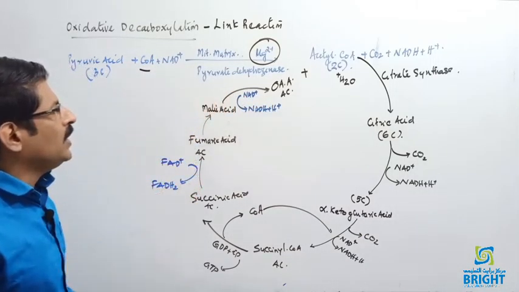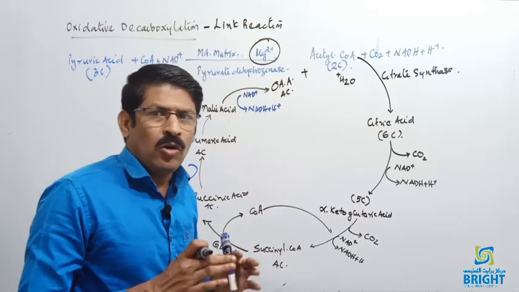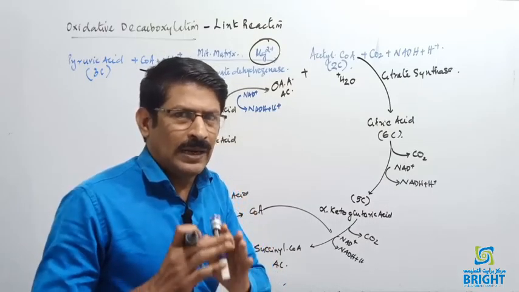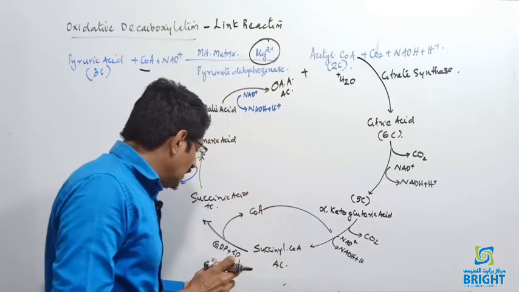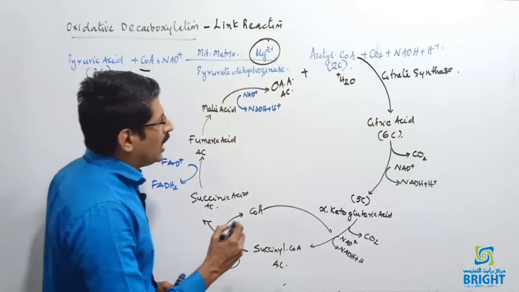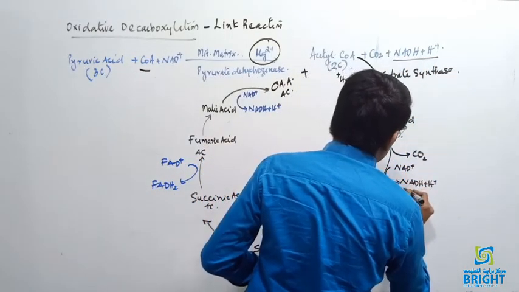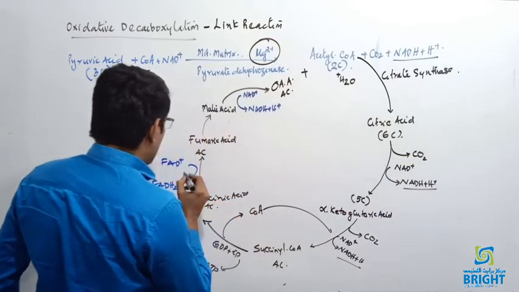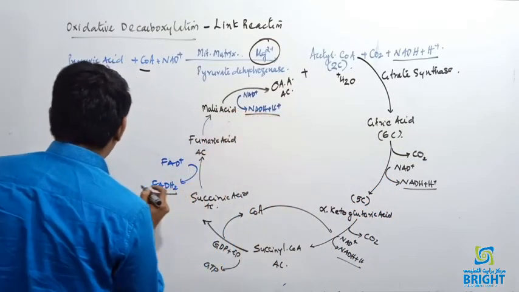So at any of the stages there is no formation of ATP directly. Only at one stage GTP is produced as a part of substrate level phosphorylation, but at all other stages NADH and FADH2 molecules are produced.